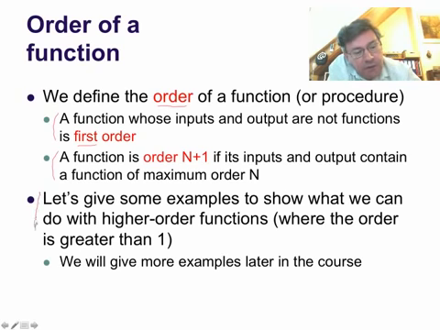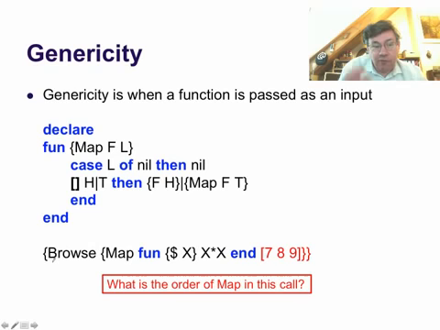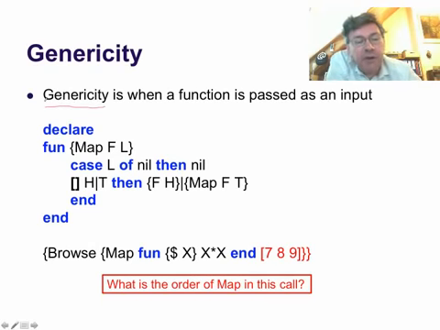So let's give some examples to show what we can do with higher order functions. In this video, we'll give some examples, but this does not exhaust the possibility, the ingenuity you can do with higher order programming. Later in the course, you will see more examples. So the first example is a simple concept called genericity.